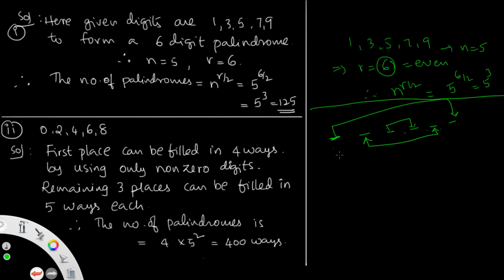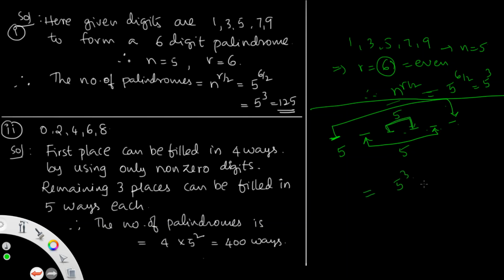Suppose we form this number: 1, 3, 5, 7, 9 means total numbers are 5. So the first place can be done in 5 ways, the second also 5 ways, and the third also 5 ways. The total number of ways is 5 cubed.